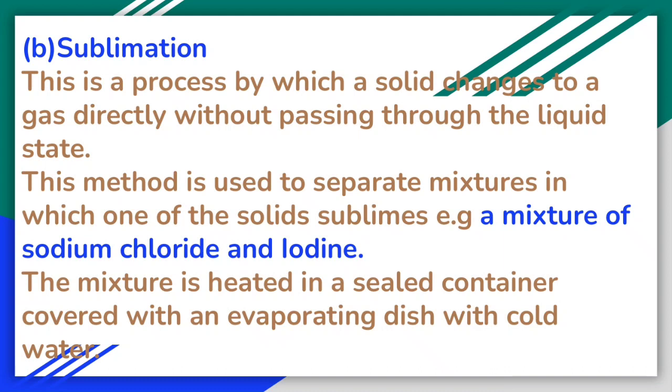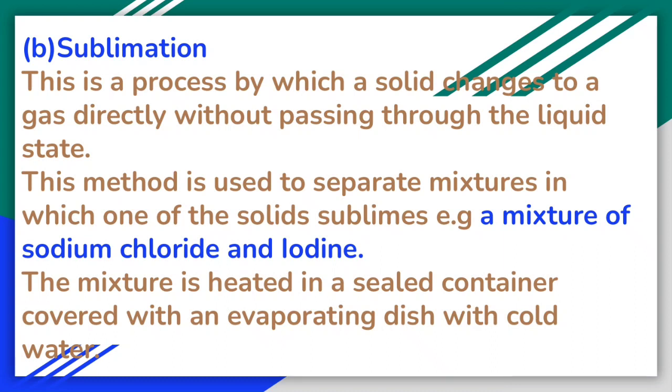And we have said to sublime is to change from a solid to a gas by heating. A mixture which could be separated using sublimation is a mixture of sodium chloride and iodine. Iodine is a sublimate. It's a substance that changes directly from a solid to a gas by heating.